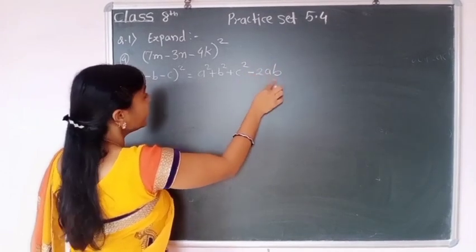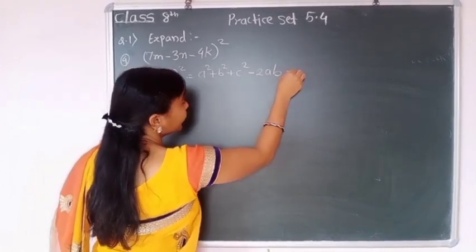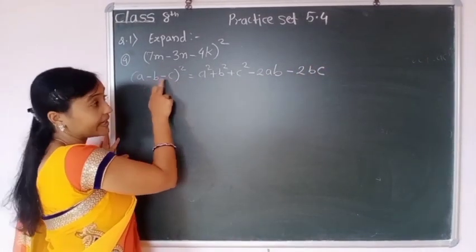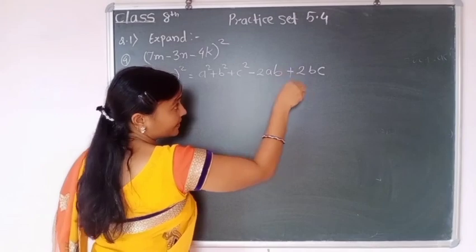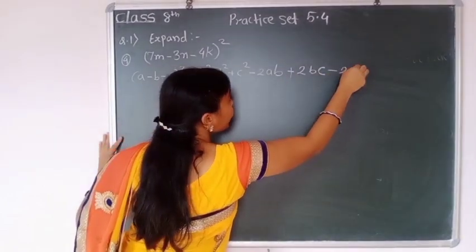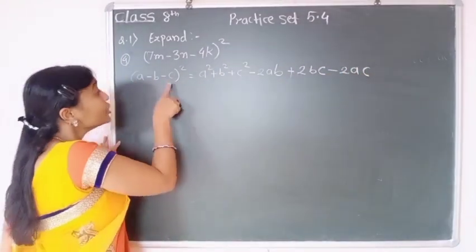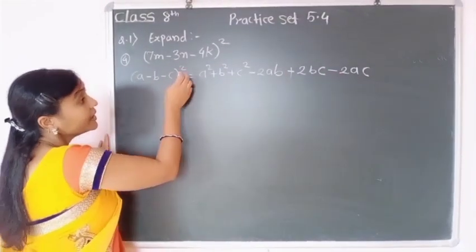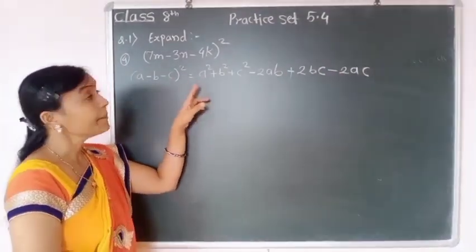So here is b, so here is minus twice bc. Here in BC, minus minus is plus, so it is plus twice BC, minus twice AC. Here is only one C, so C is minus, so we write down minus sign. Now this is the formula.